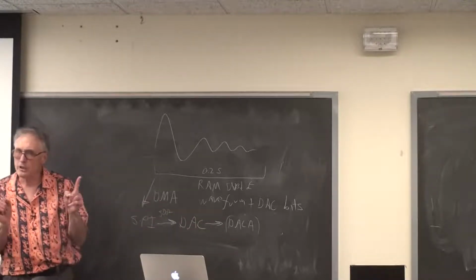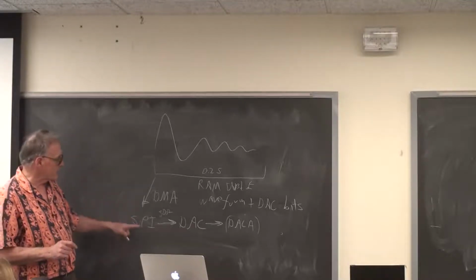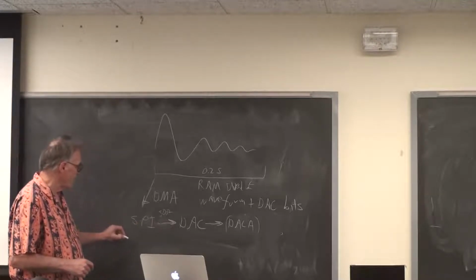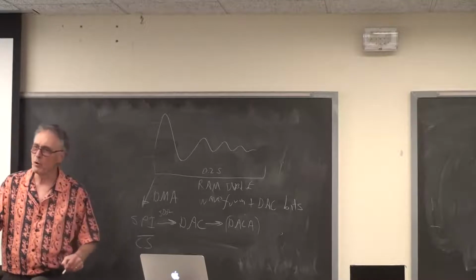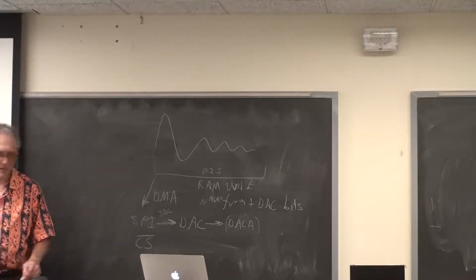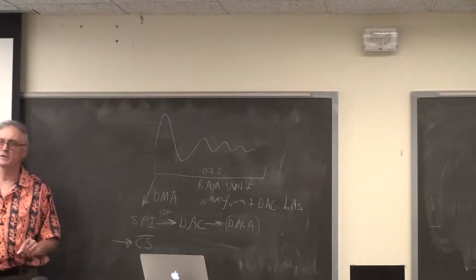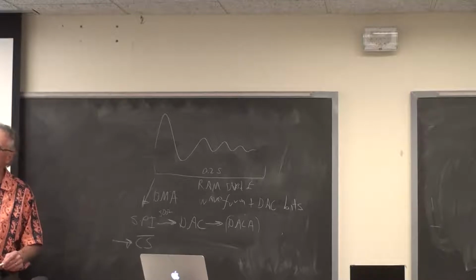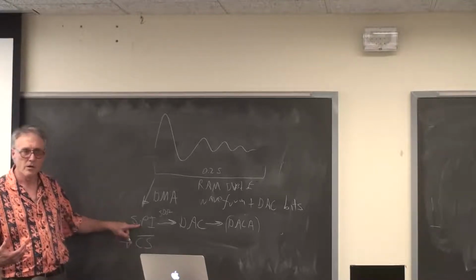There's just one little twist you have to do to make this all work. And that is SPI to DAC requires a chip select line which is not part of the transmit register. So DMA will not work if you have to use the chip select line separately, because there's no way to send that data to the SPI data buffer.